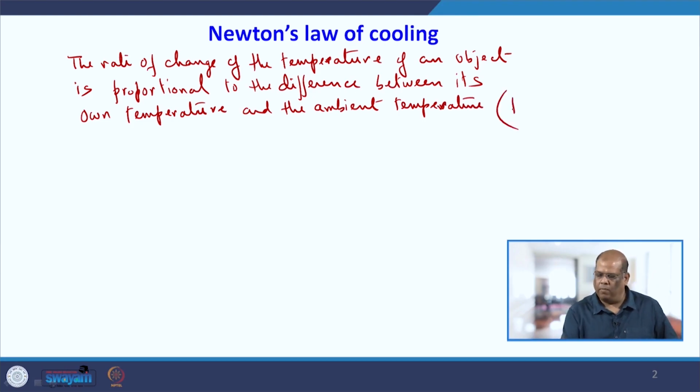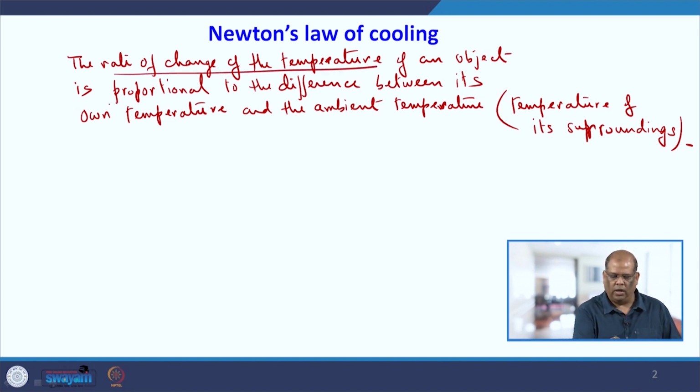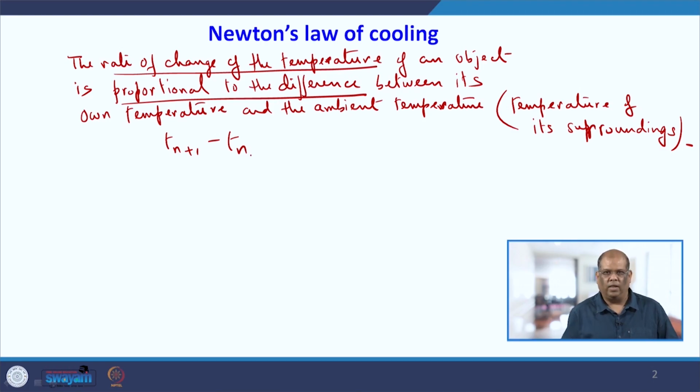So, by ambient temperature we mean temperature of its surroundings. So, if you want to mathematically write this, the rate of change of temperature is proportional to the difference. The rate of change in discrete case is given by the temperature after n time and the difference with the n plus 1 time.